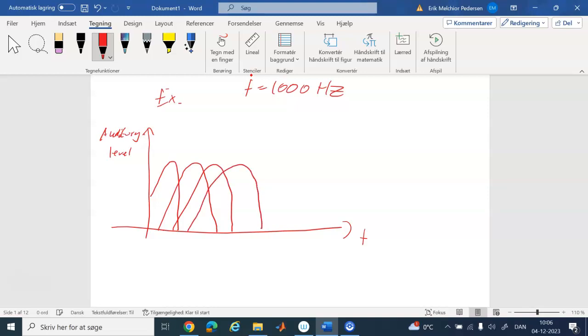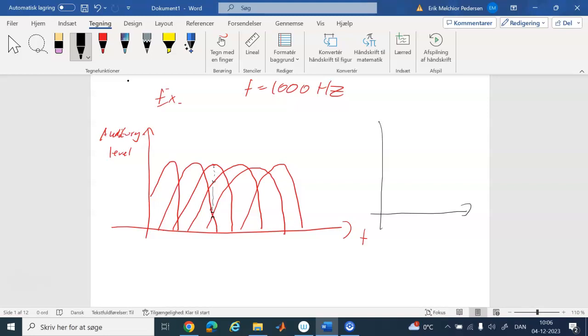Let's say they have the same level, maybe 80 decibels or something. It's called relative level. Then if we have a 1 kilohertz tone, here the 1 kilohertz tone, the maximum here, you can make an excitation pattern.